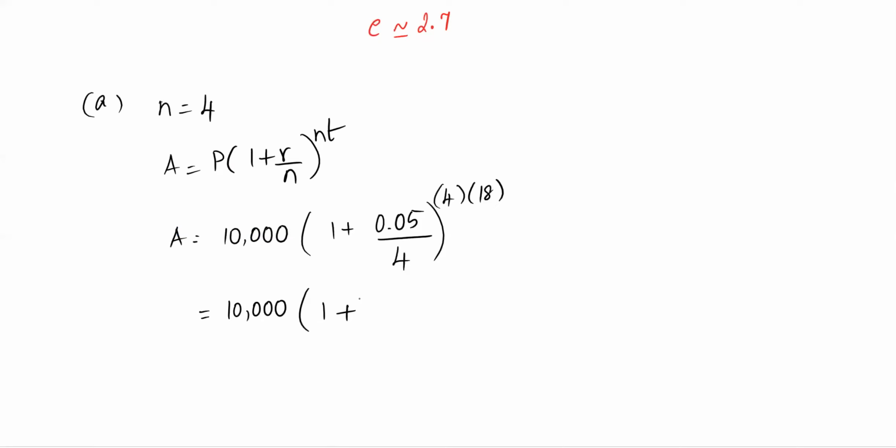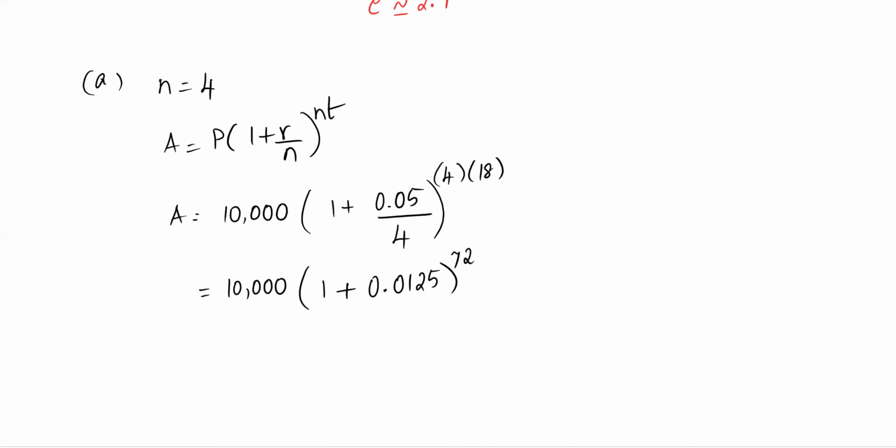What I mean is, I'm asking you to do 0.05 over 4, which is 0.0125, and then do 4 times 18 for the power, 72. Again, for those who know how to handle this, please do it confidently. If you are not sure, please take them step by step.